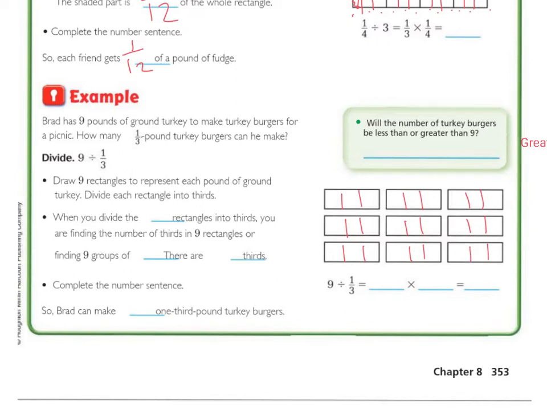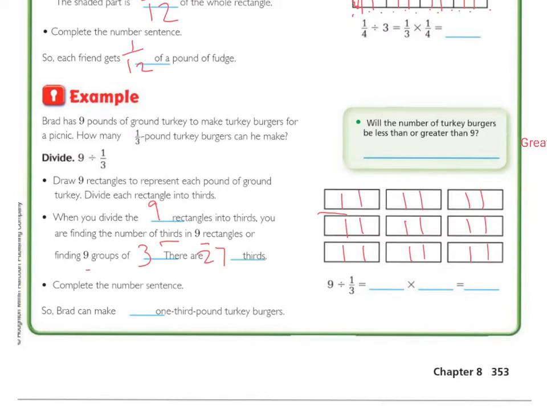When you divide the 9 rectangles into thirds, you're finding the number of thirds in 9 rectangles, or 9 groups of 3. There are going to be 27 thirds because I have 3, 6, 9, 12, 15, 18, 21, 24, and 27. So there's 27 thirds. Let's complete the number sentence.